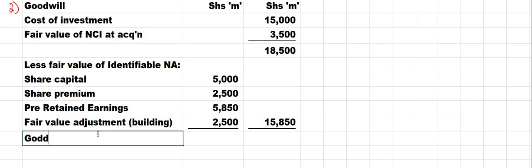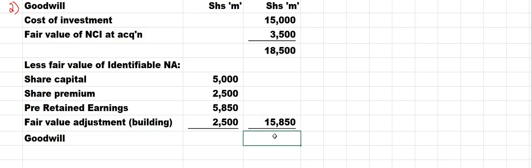So we have to less this fair value of the identifiable net assets from the aggregate up there. Then what we come up with is our goodwill, which is 2.65 billions. No impairment.